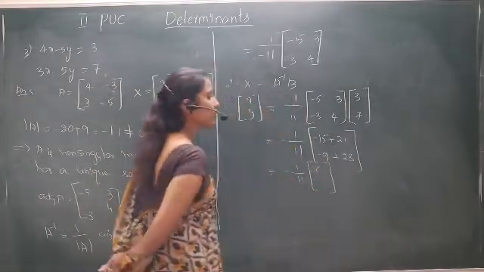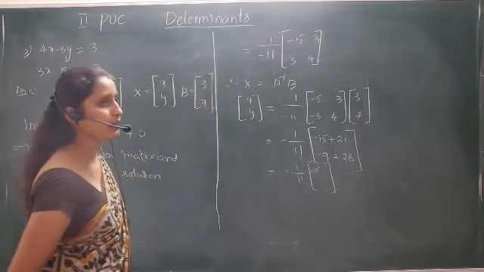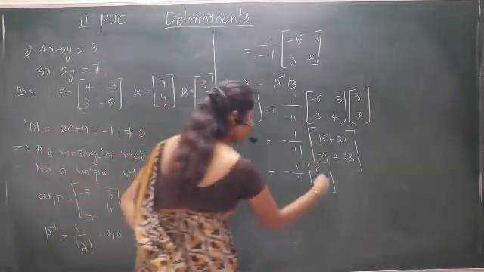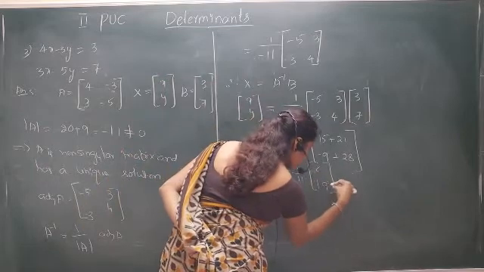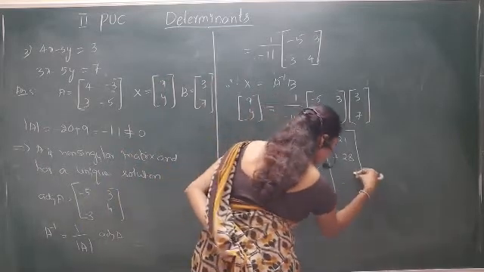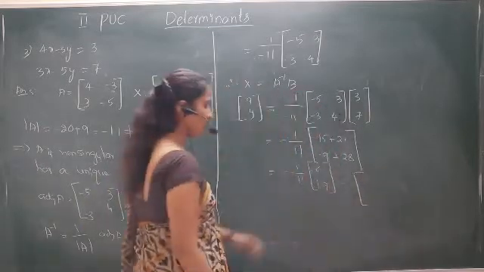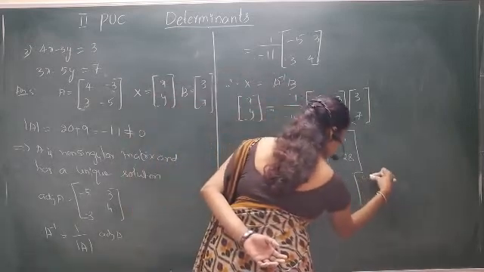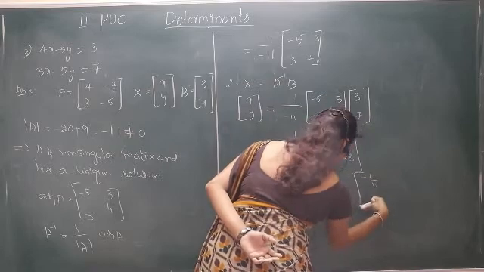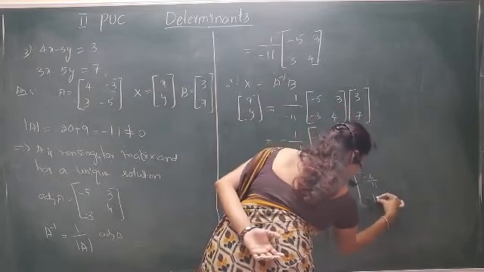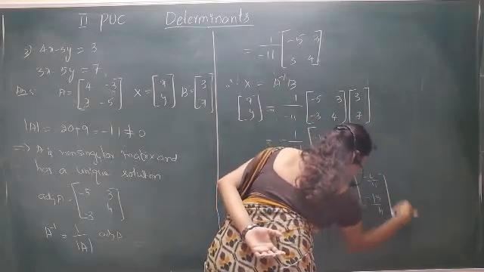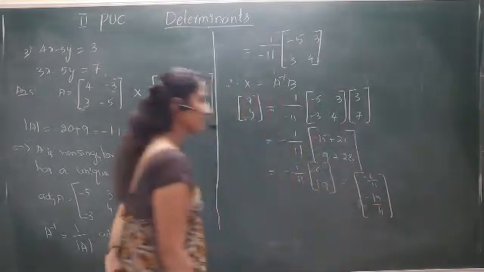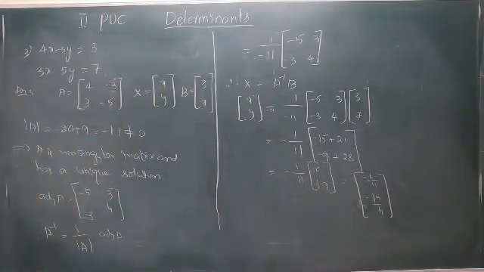Then 28 minus 9 is 19. We cannot simplify it now, so I can write minus 6 by 11 and minus 19 by 11.